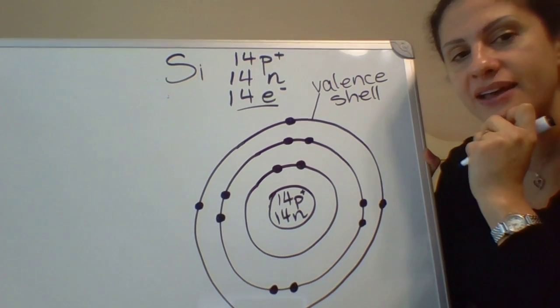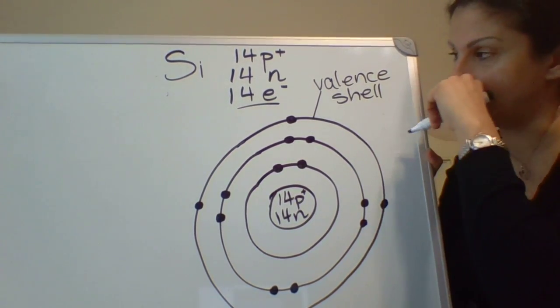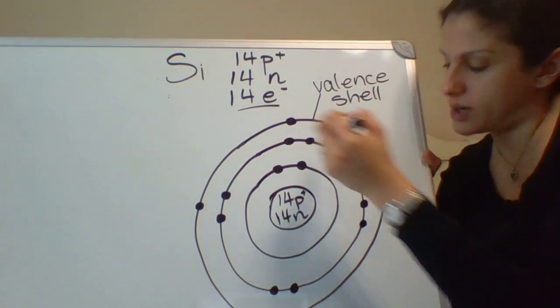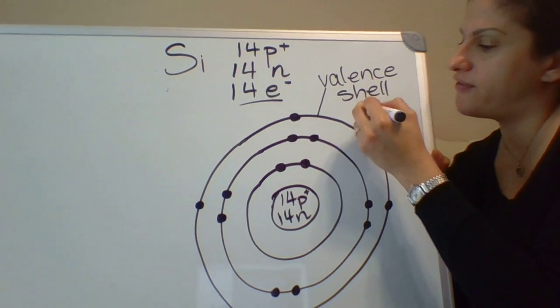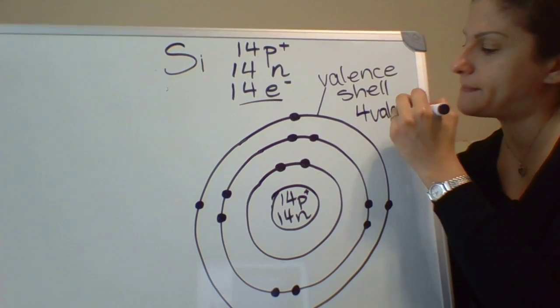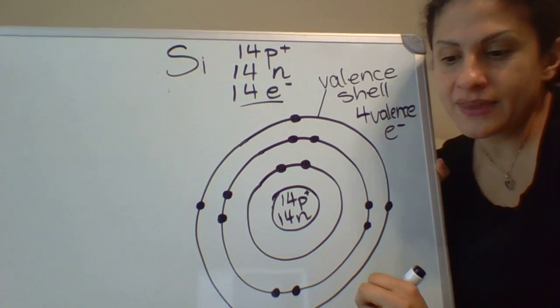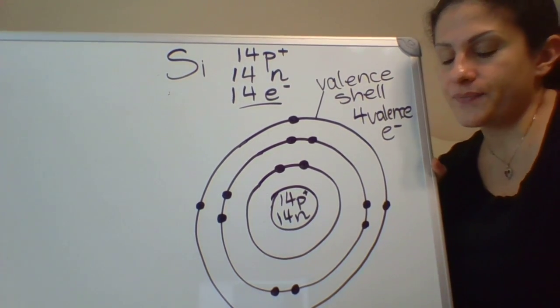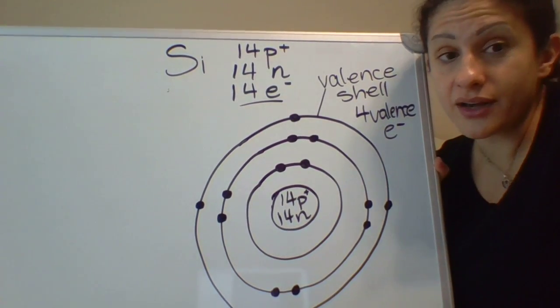And how many valence electrons does silicon have? Well, you count how many electrons are in the valence shell. 1, 2, 3, 4. That means we have 4 valence electrons for silicon.